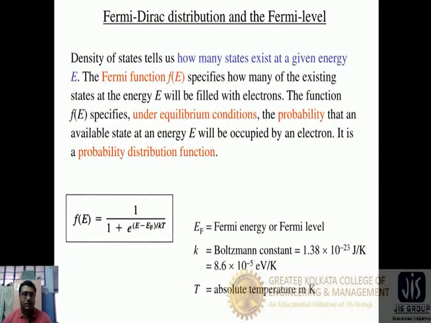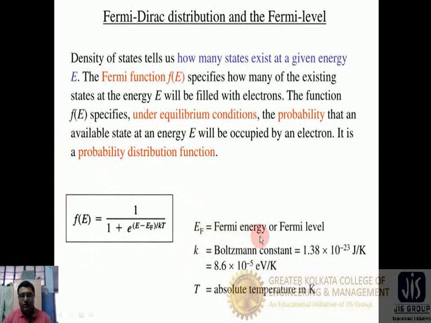The function F(E) specifies, under equilibrium conditions, the probability that an available state at energy E will be occupied by an electron. It is a probability density distribution function. So it is the mathematical representation of the Fermi level.